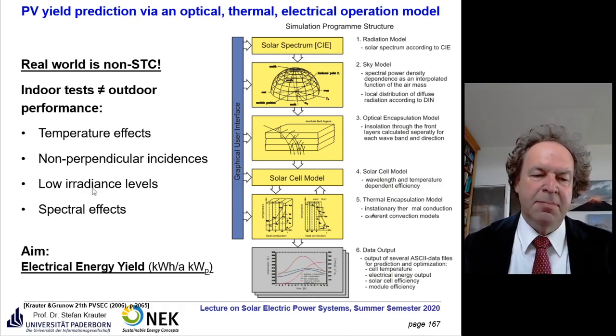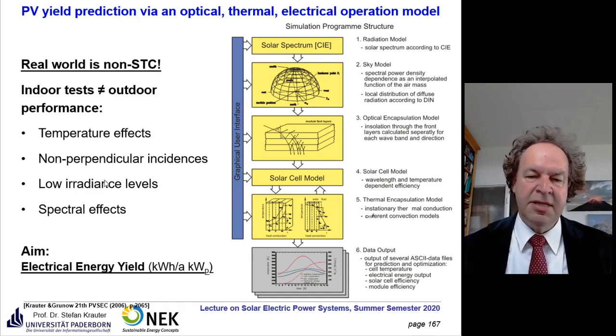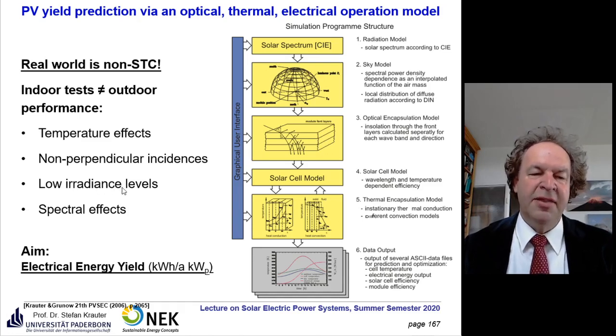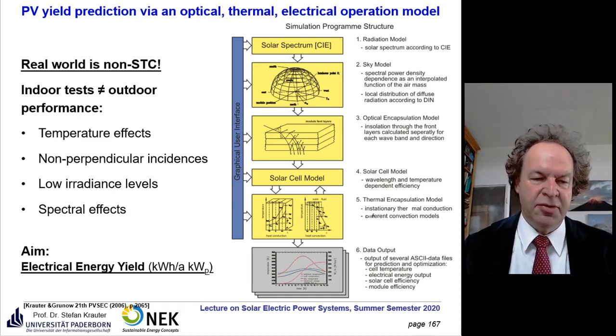And this is particularly important if you apply it in Germany because we have for long periods, winter in particular, this winter not, but usually we have quite low irradiance level, and there the performance and the efficiency is not the efficiency given in the standard test conditions.